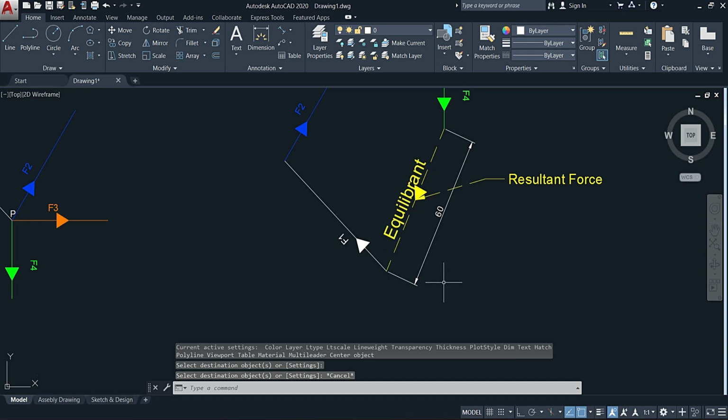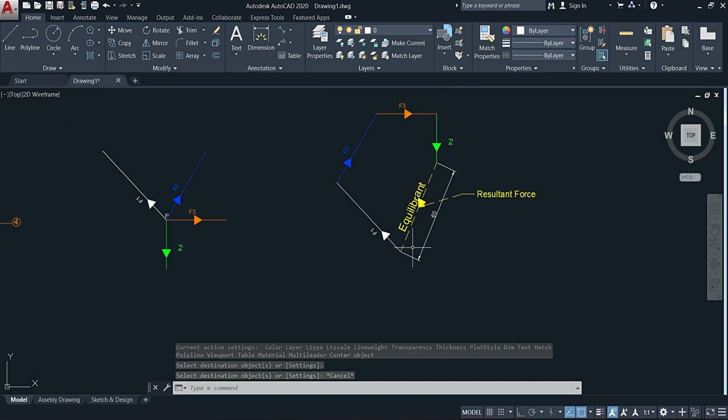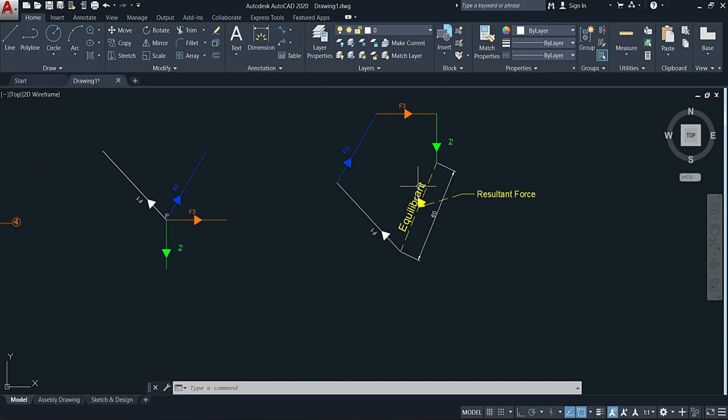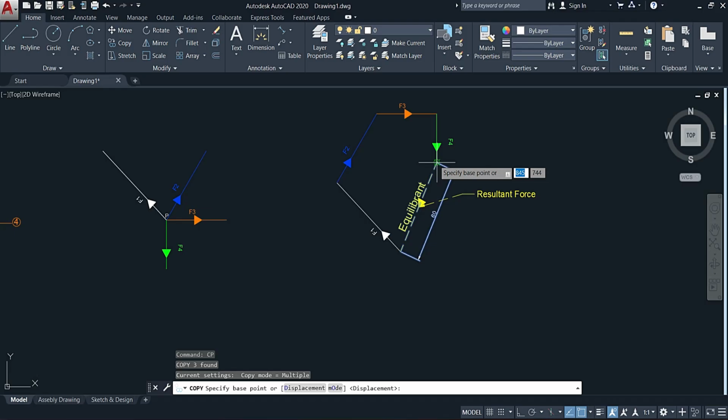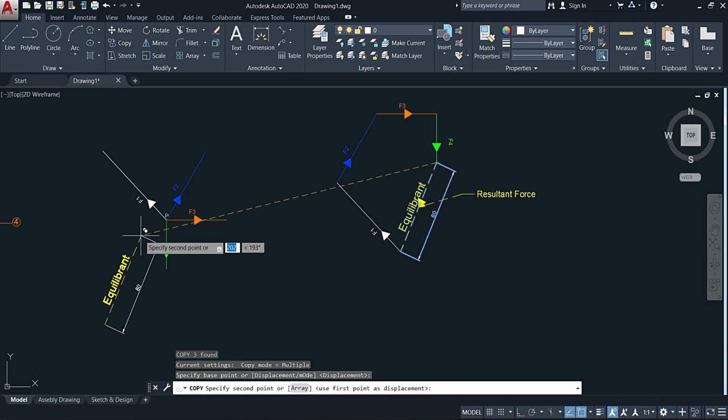Now, what I'm going to do to solidify things is take this equilibrant line and place it on my force diagram here.